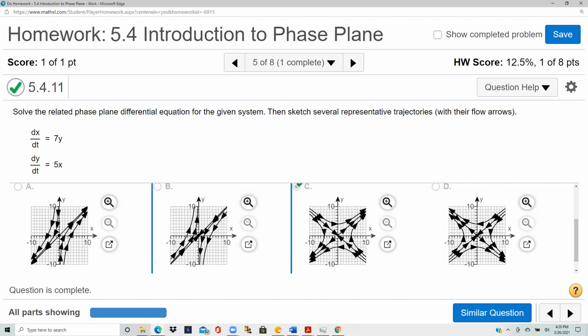And similarly, if we look at the other line, this is the second quadrant. In the second quadrant, y is positive. So dx over dt is positive. So x should increase with time, and the increasing x is this direction, because as x moves in this direction, x is increasing. So therefore we have arrows going this way.